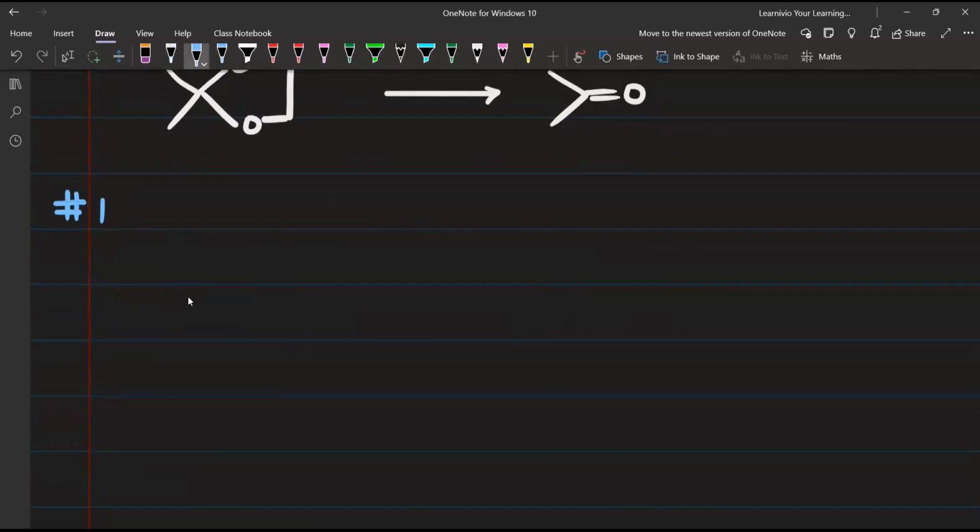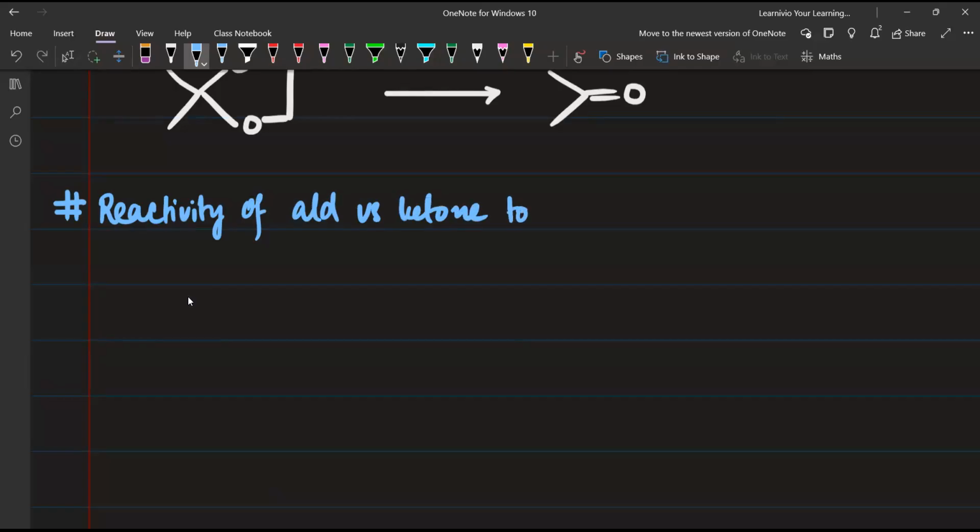Reactivity of aldehyde versus ketone towards nucleophilic addition reaction.